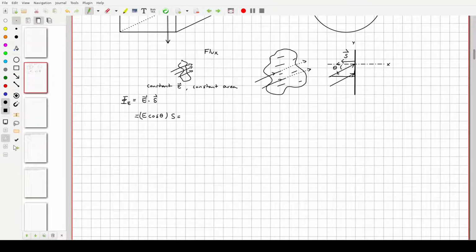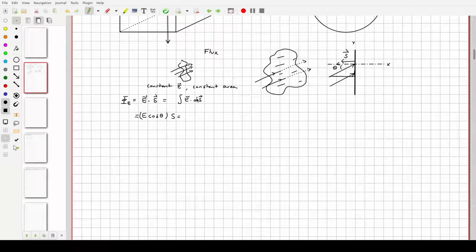Now, what if you have an electric field that isn't constant, or what if you have a surface that is changing somehow? Well, what you do is you promote this to an integral, and you integrate over the surface. So another way of writing this would be the integral of E dot dS.